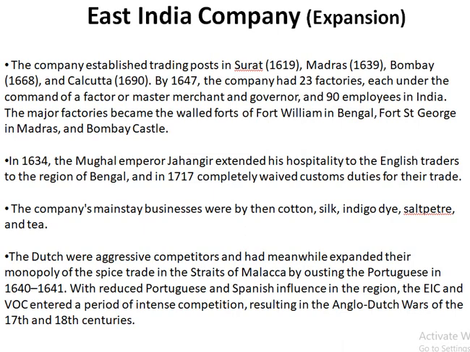By 1647, the company had 23 factories, each under the command of a factor or master and a governor, and 90 employees in India. The major factories became the walled forts of Fort William in Bengal, which was founded in Calcutta, Fort St. George in Madras, and one more fort named Bombay Castle in Bombay.